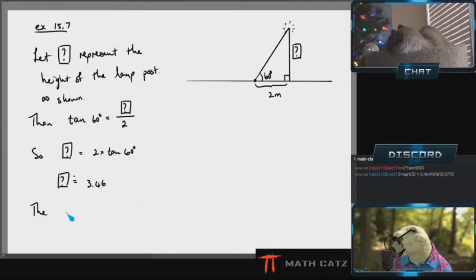Let's say 2 decimal places. Concluding sentence: the lamppost is approximately 3.46 meters tall or high or whatever.